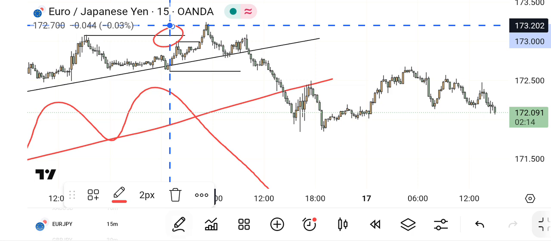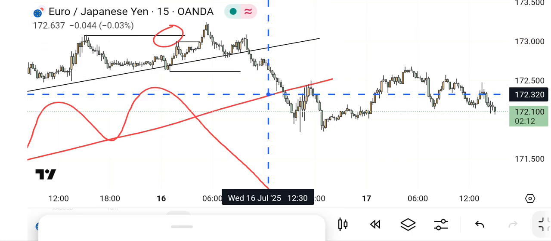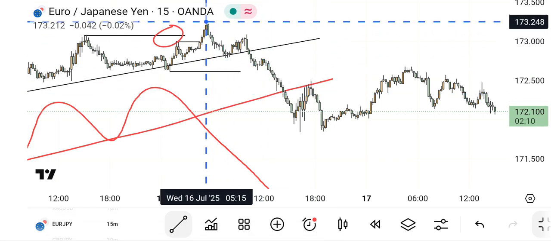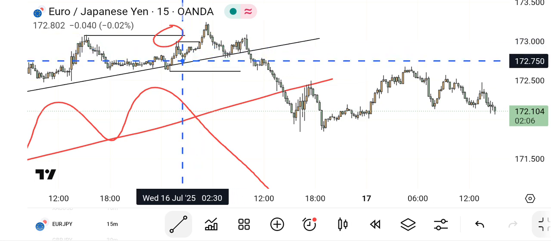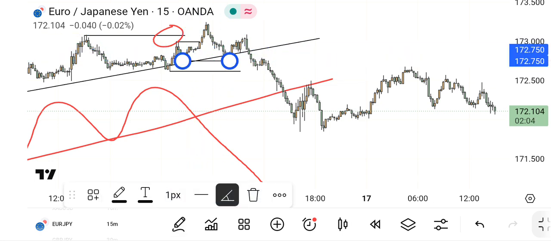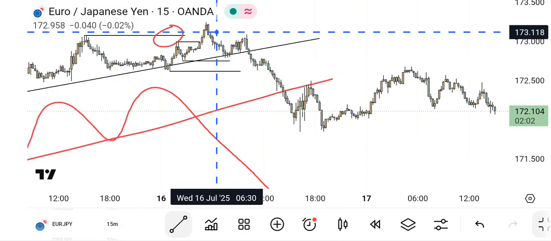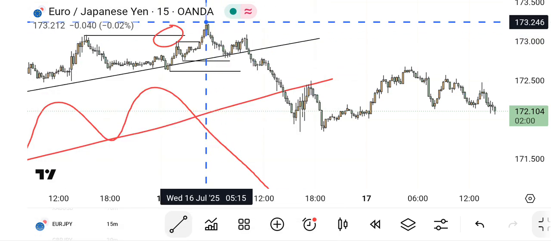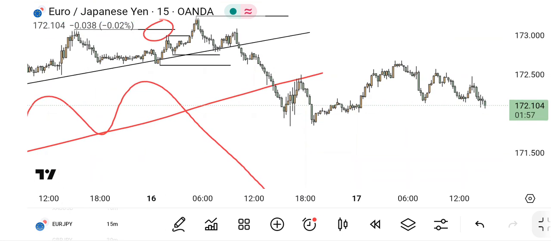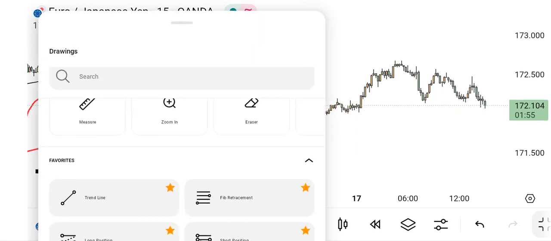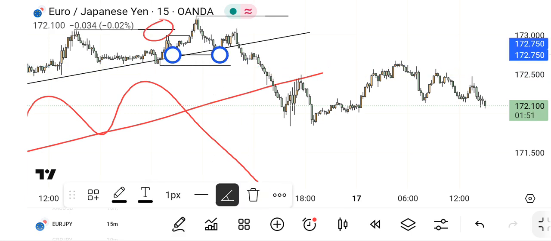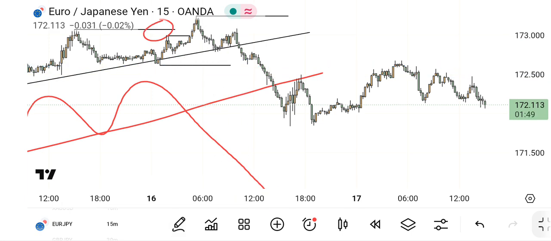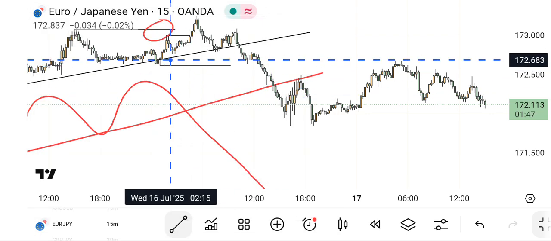The market pushed up and gave us this high. This inducement gave us this low. Then it gave us this high here. So for this low, we have a break of structure here. We have a break of structure here.